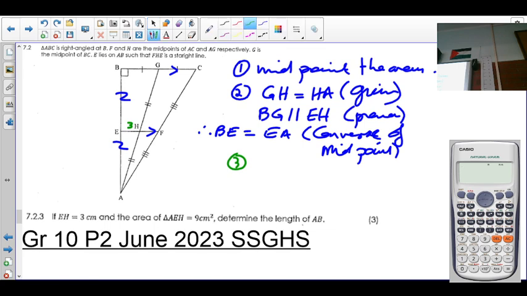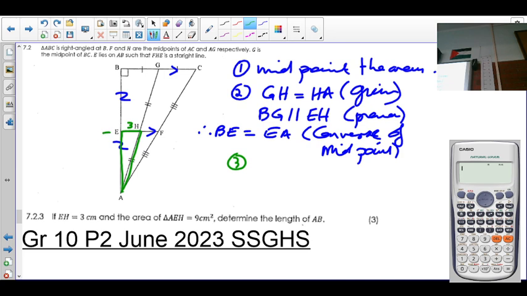So if EH is 3 and the area of AEH is 9, determine the length of AB.